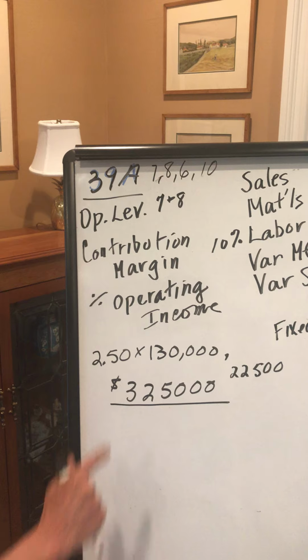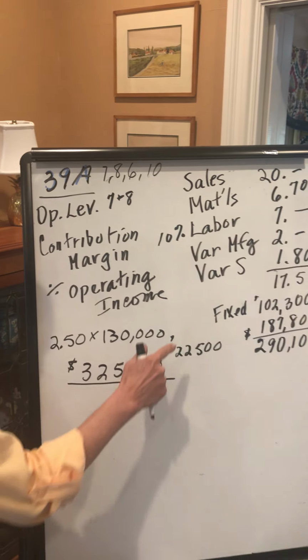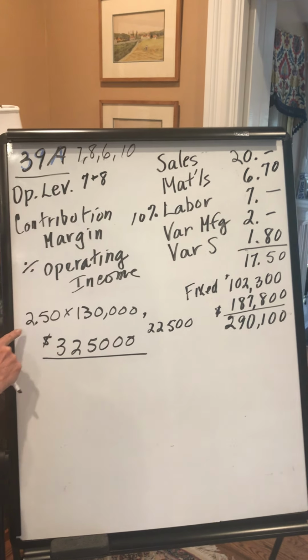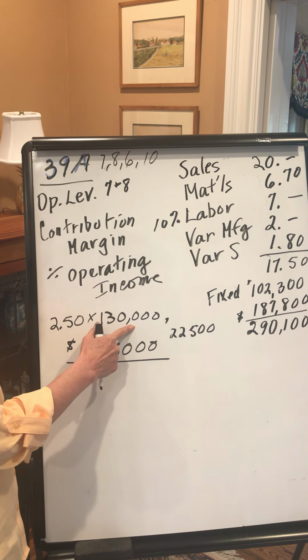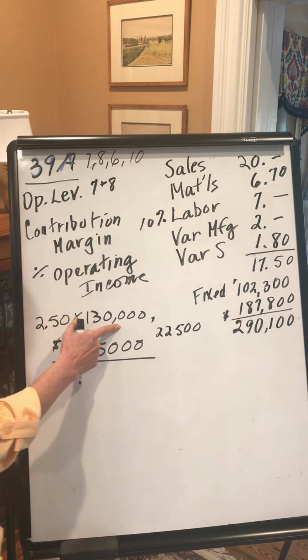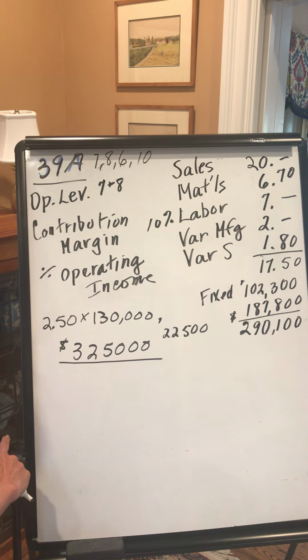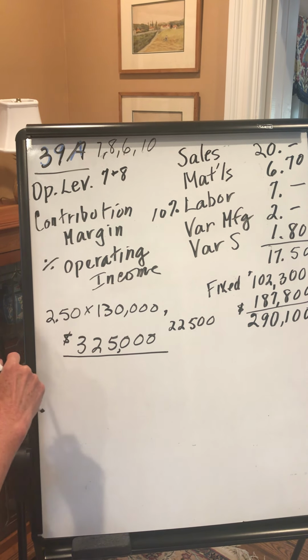Contribution margin. So we know that our contribution margin is $2.50. So we're going to take $2.50 times the 130,000 units that they have projected to sell in this problem. That gives us a contribution margin of $325,000.